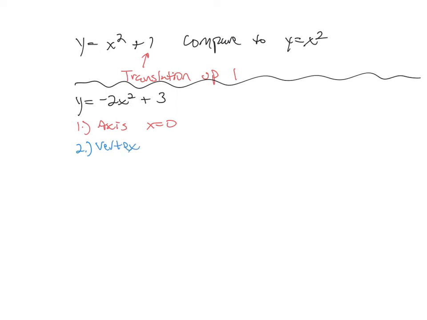Vertex. When you plug in, 0 squared is 0. 0 times negative 2 is 0. That's always going to be 0. We talked about it yesterday. When you plug in 0 to the x squared part, you're always going to be multiplying by 0. It's always going to be 0. I'm just left with plus 3.